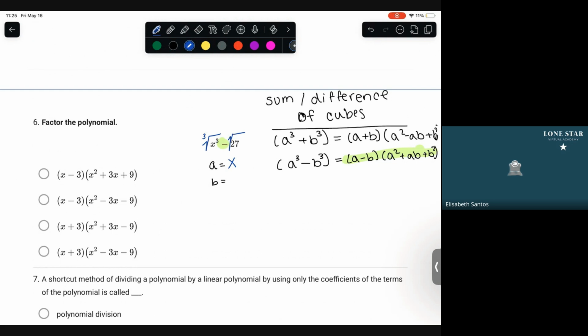And then cube root of 27 is 3. So now we know what a is, we know what b is. Now we're just going to plug them in. So it's a minus b, so x minus 3, times x squared plus 3x plus, what's 3 squared? That's 9. So our answer is this one.